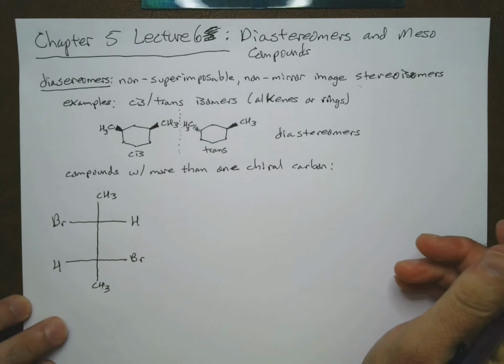Now, the example that I gave is actually a special case, a case of what we call a meso compound. Meso meaning middle. One thing you might notice is that this compound has an internal plane of symmetry.